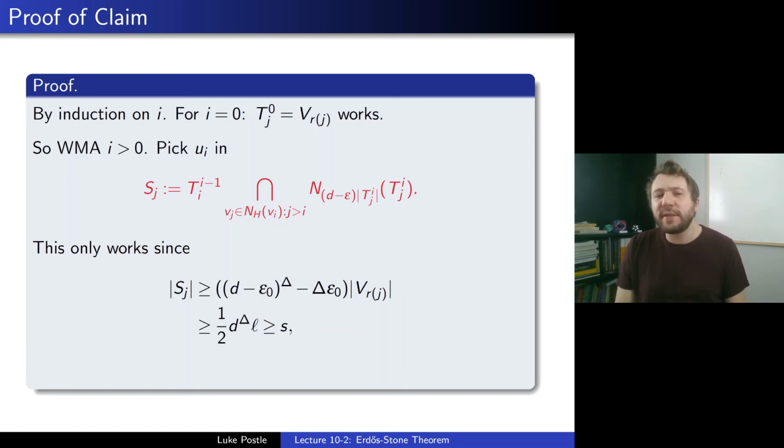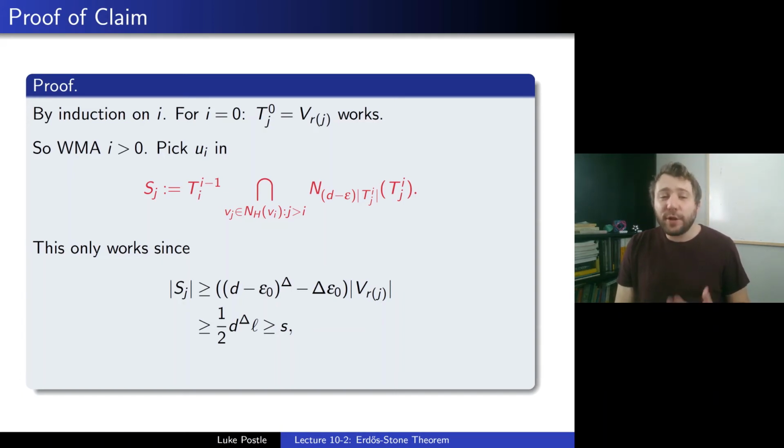So this is where we're using the lemma from before, because how many vertices don't have that many neighbors is epsilon times the Vrj, the epsilon of the set. So if we throw that out for each later neighbor, we'll throw out at most delta epsilon of them.